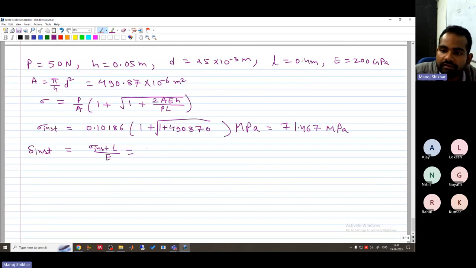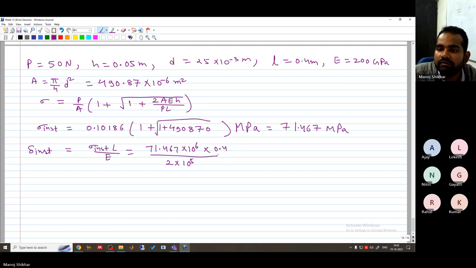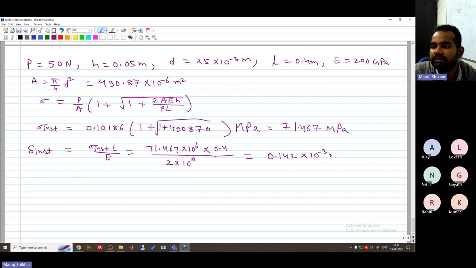So we have to put everything here: 71.467 into 400 mm by 2 into 10 power 5 megapascal. Since I am following the SI unit, I will write in SI units, and here it will be 10 power 9. So this will give me 0.142 into 10 power minus 3 meters. So this is 0.142 millimeters.